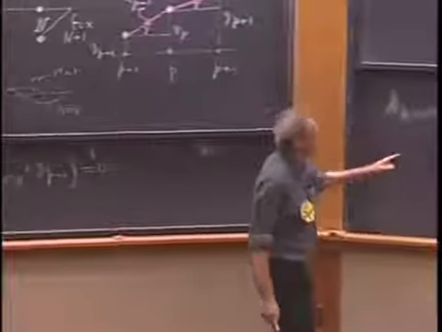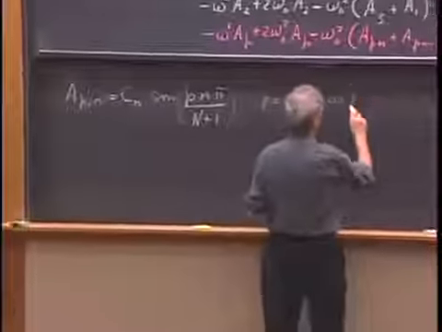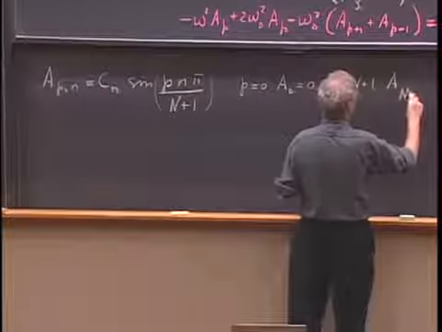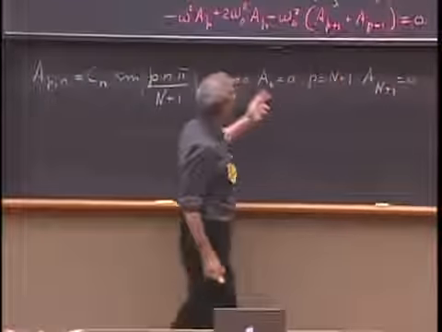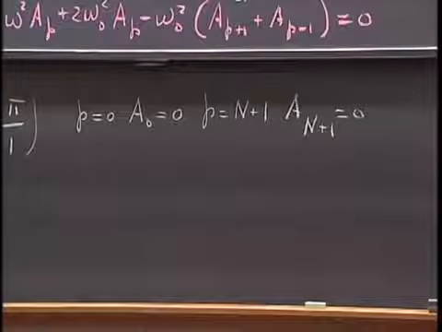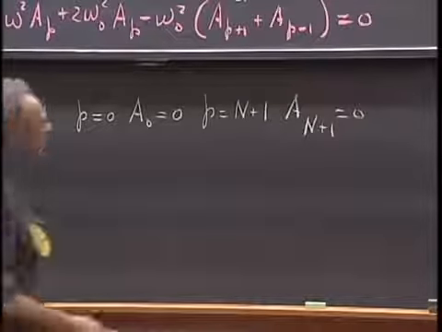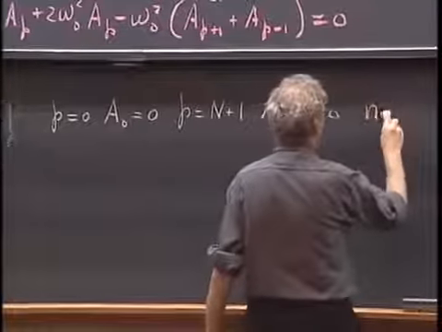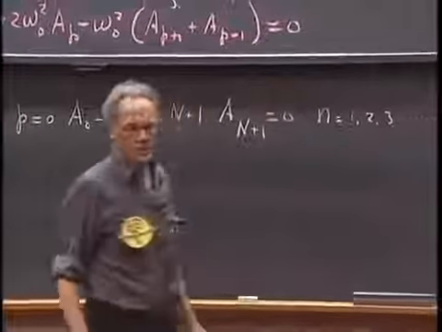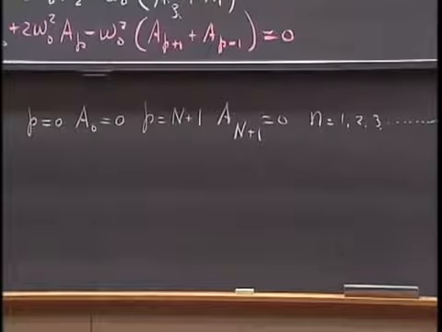Notice also that if you put in p equals n plus 1, that A(n plus 1) is also always 0. Just put in p equals n plus 1, the sine of a multiple of pi is always 0, because n is now our mode. It's going to be 1, 2, 3, etc. These are the modes that we are looking for.